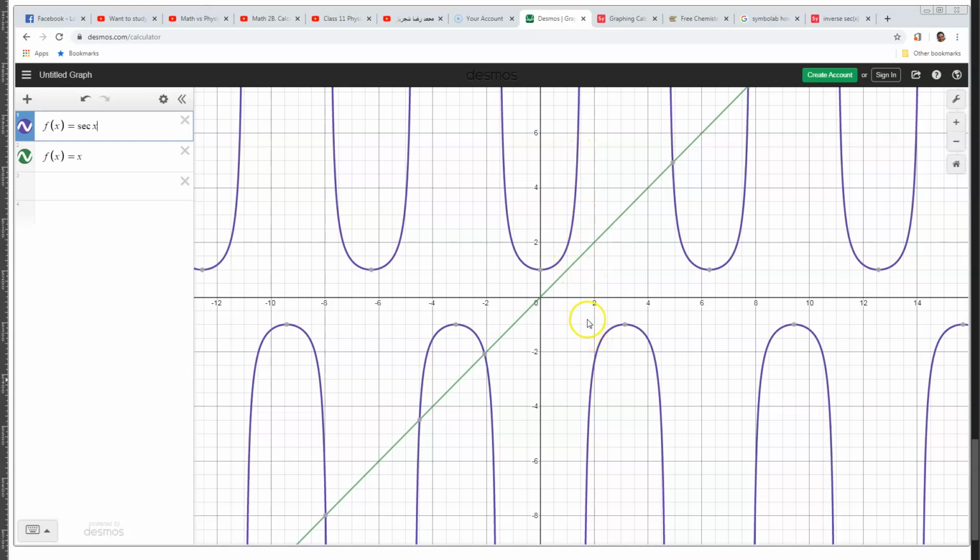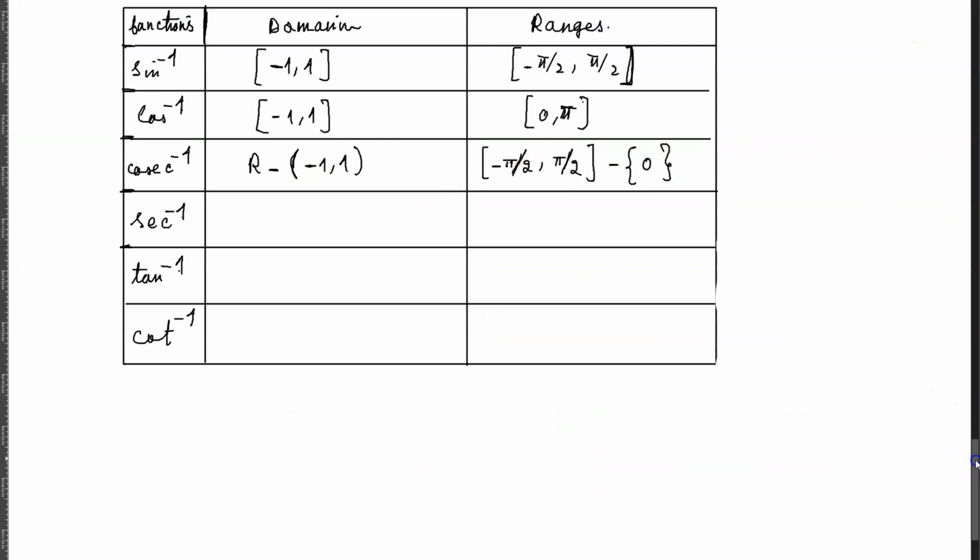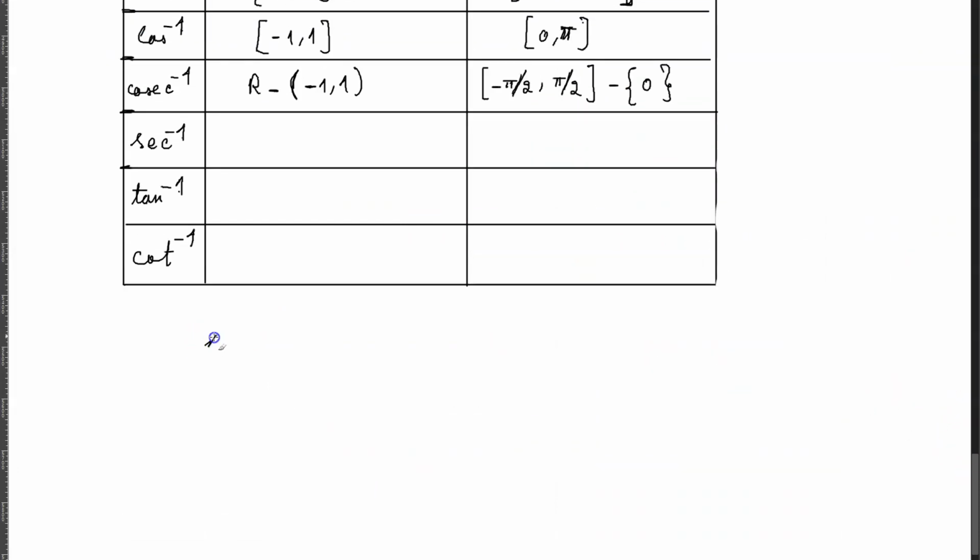And of course the function is not defined at pi by 2, because as you can see, the secant function is 1 by cos function. Secant x is 1 divided by cos x, and the cos of x is of course 0 at pi by 2.